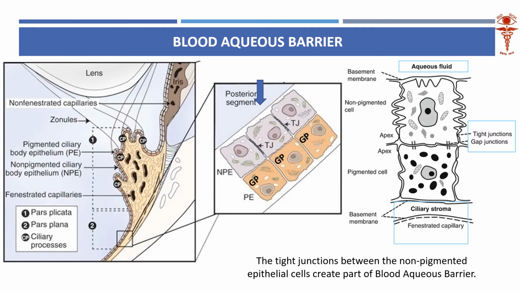The equilibrium of ionic element in aqueous and ionic element in plasma is a bit different. In fact, in plasma certain ionic elements are higher. In aqueous, certain elements are higher. We'll deal with it in the next slide. But now you understand that they are different.